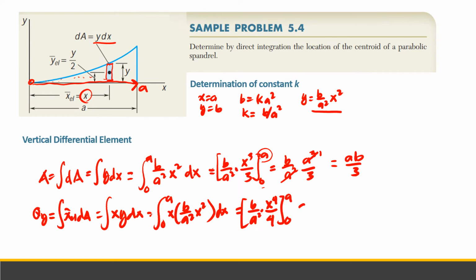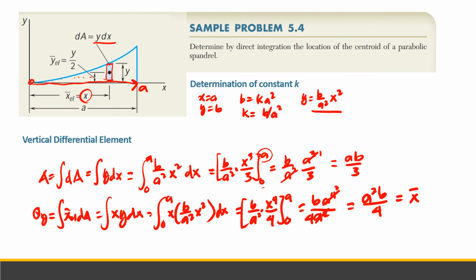So the value will be equals to b a to the 4 over a squared 4. So cancel out yung a squared, matitira lang is a squared. This is equals to a squared b over 4. So this is the x bar.